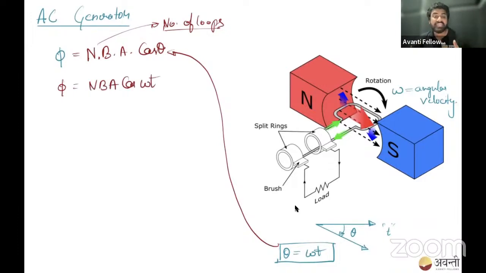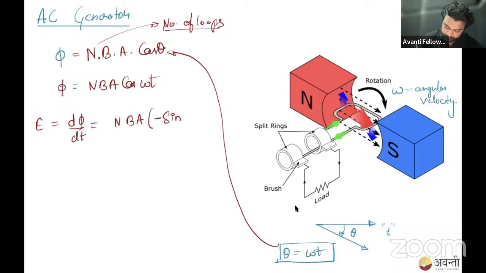But what we want is EMF. So EMF is d phi by dt. So let us differentiate it. EMF is equal to d phi by dt. With respect to time, we have to differentiate, right? So it will be N B A, and the differentiation of cos theta is minus sin theta, so sin omega t, and then the differentiation of omega t with respect to time is omega, right?